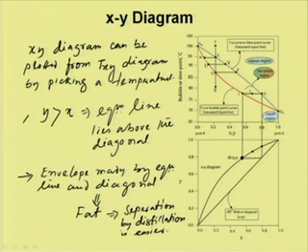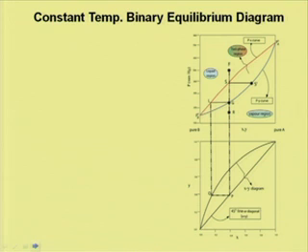Now, we will see the constant temperature binary equilibrium diagram. So, this is the plot where the total vapor pressure exerted by the solution at equilibrium depends on its composition. At a lower concentration of certain components, the mixture will exert lower vapor pressure.